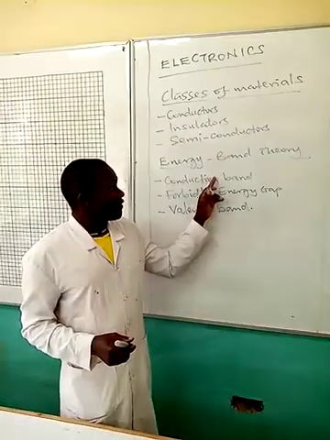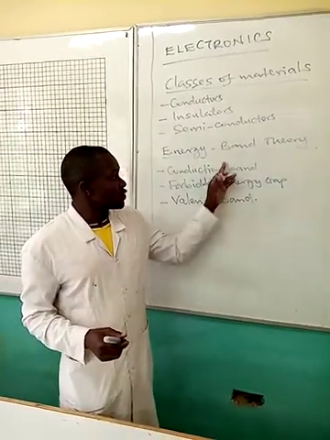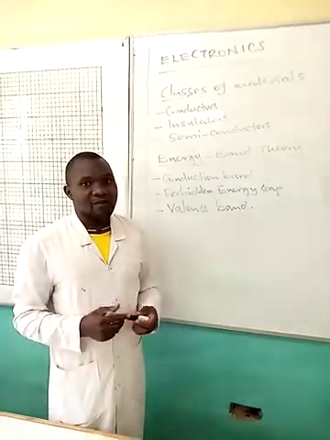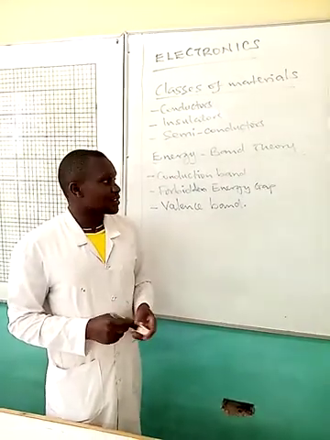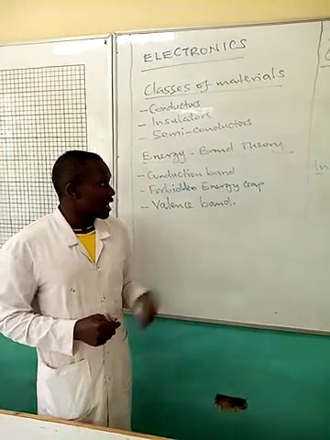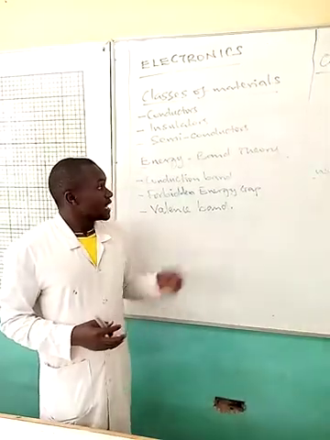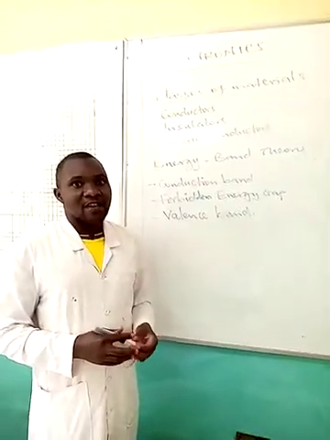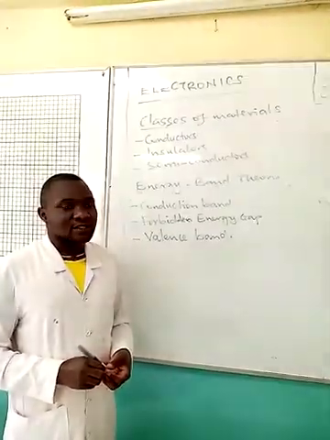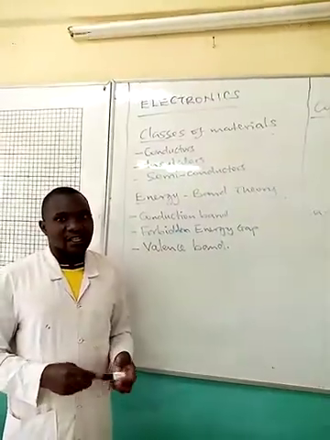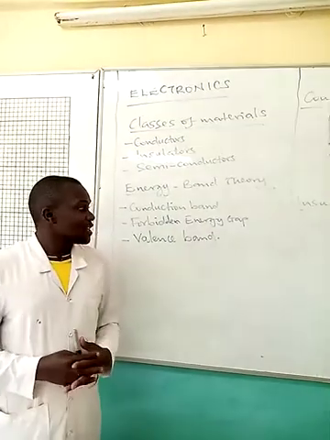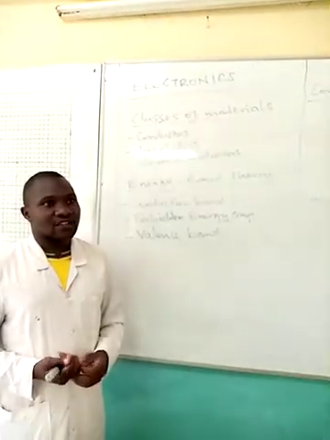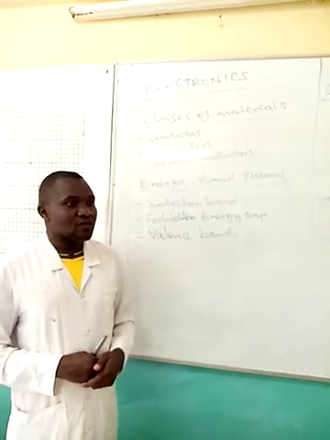So the space or the region between the two bands, we call the forbidden energy gap, or simply forbidden gap, or energy gap. Now, the conduction band is the region that is occupied by free electrons, while the valence band is occupied by electrons that are not free to move.